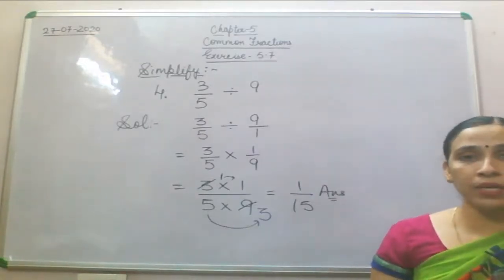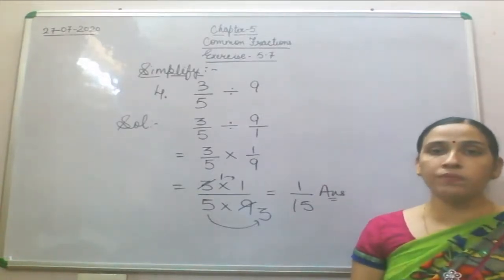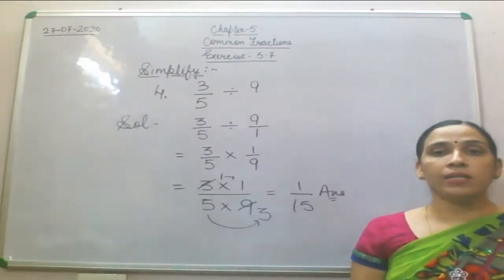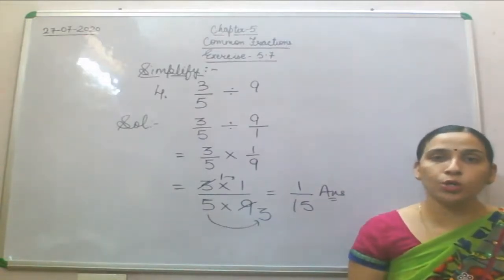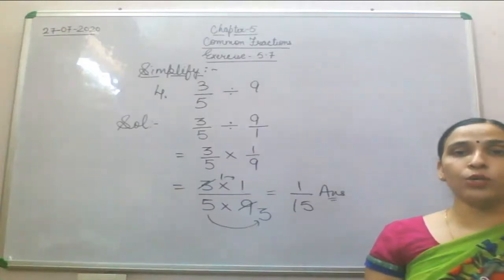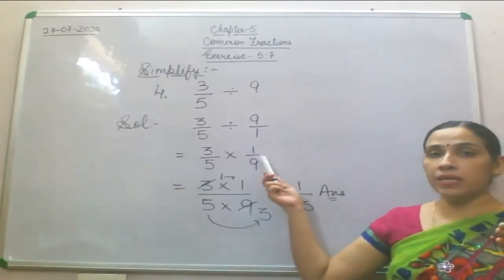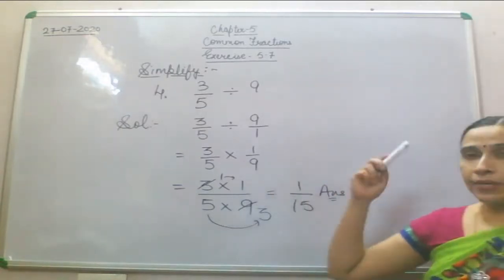Whenever you are doing subtraction, to check whether your subtraction is correct or not, you are doing addition. Just like that, if you have to check your division, then you are doing multiplication. So this division is going to be changed into multiplication.